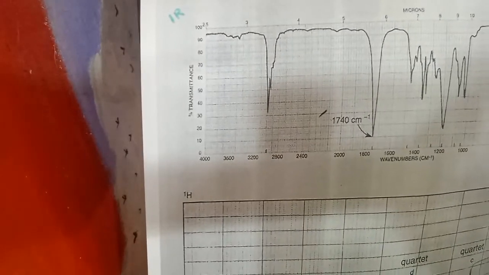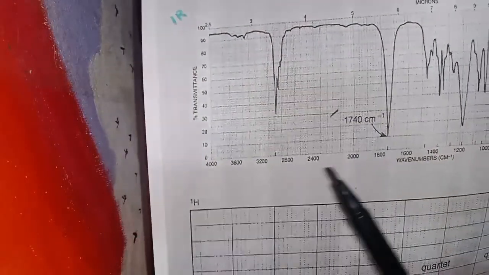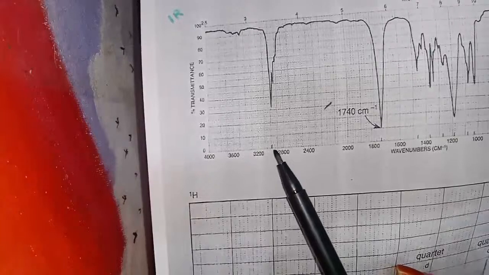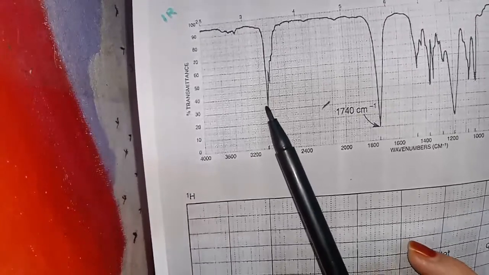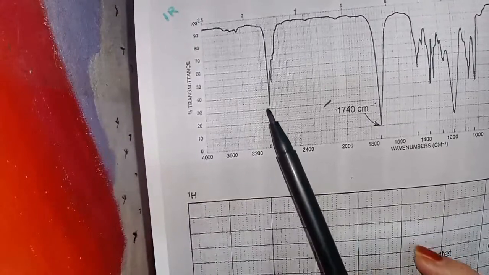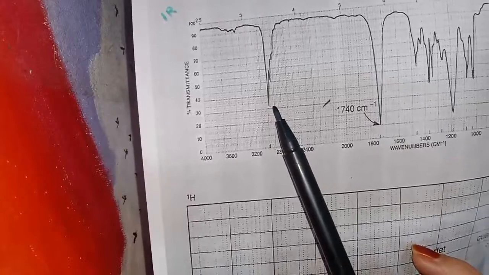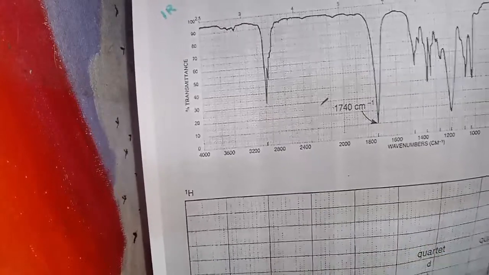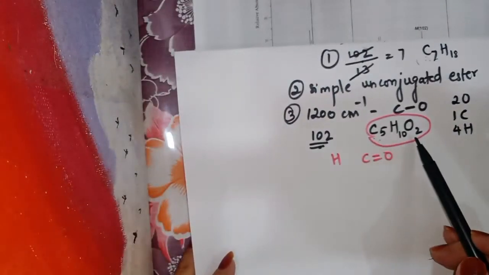Here at 3000 centimeter inverse, you can see a CH absorption which is aliphatic, which is having sp3 hybridization. So definitely we can conclude that the molecular formula is C5H10O2.